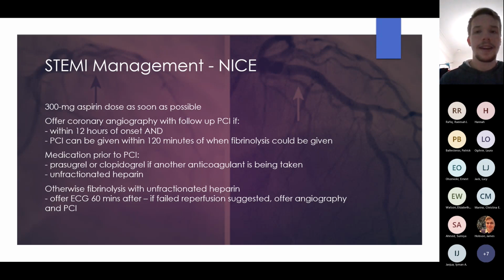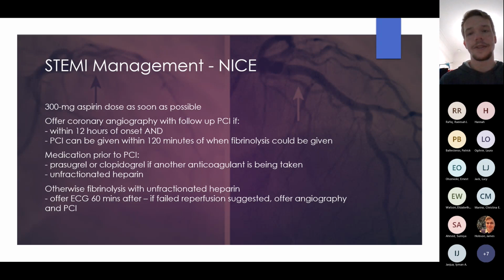Then the main treatment would be to offer them coronary angiography and a PCI, percutaneous coronary intervention. They suggest doing that if it's within 12 hours of the onset of chest pain, and if it can be given within 120 minutes of when fibrinolytics could be given.